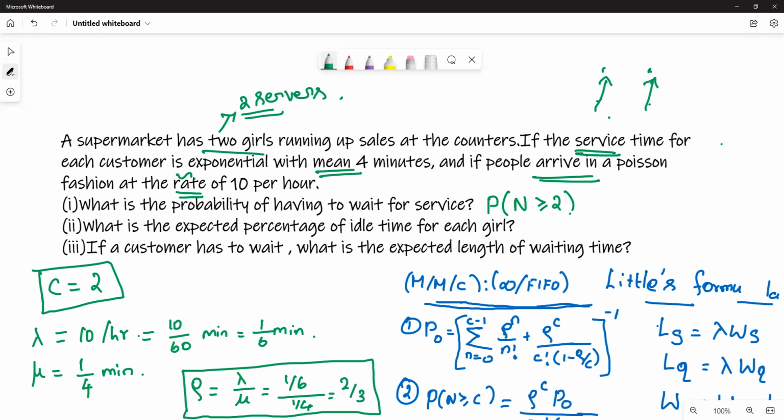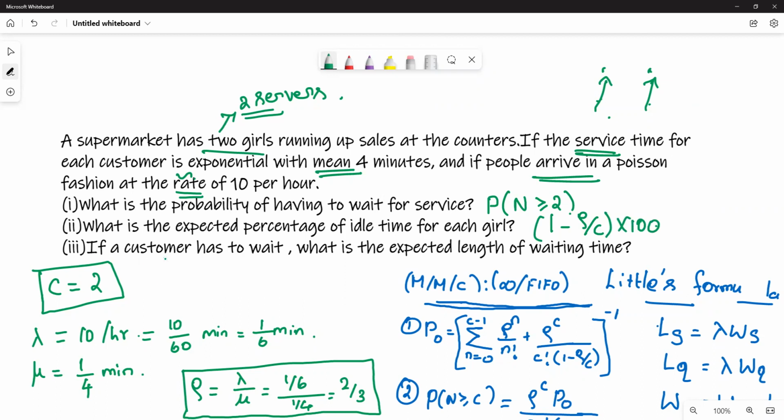If there are two servers, we have to find the rate per server. So idle time for each girl is 1 minus rho divided by C. Rho simply means busy time. Rho by C, since there are two servers, is per server. So 1 minus rho by C denotes the idle time for each girl. Percentage of idle time means we have to multiply this by 100. Okay, this is the notation for the second subdivision.